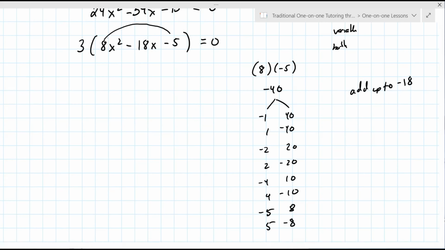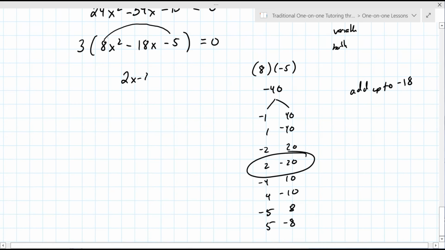No. Wait, negative 18. Yes. So the one I've circled there, you've got to work through that list to figure that out. But the reason you do this is you break apart minus 18x into 2x minus 20x, and you bring the 8x squared down and the minus 5 down.